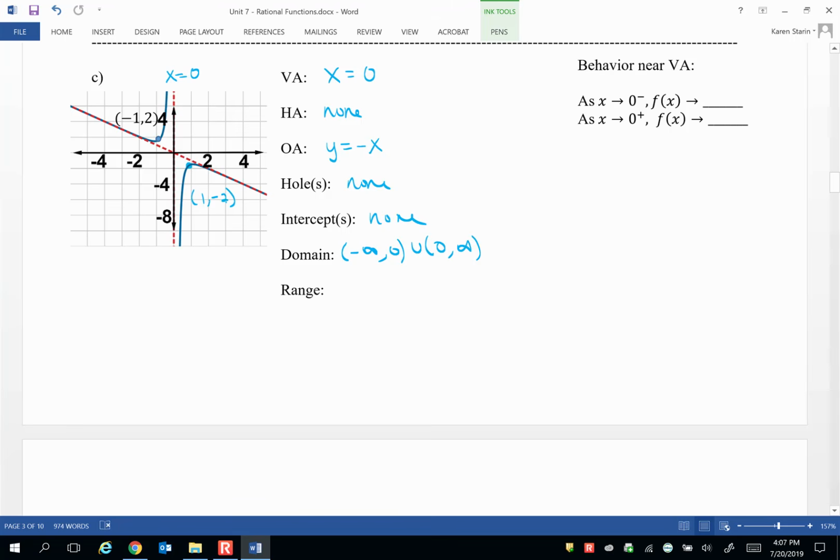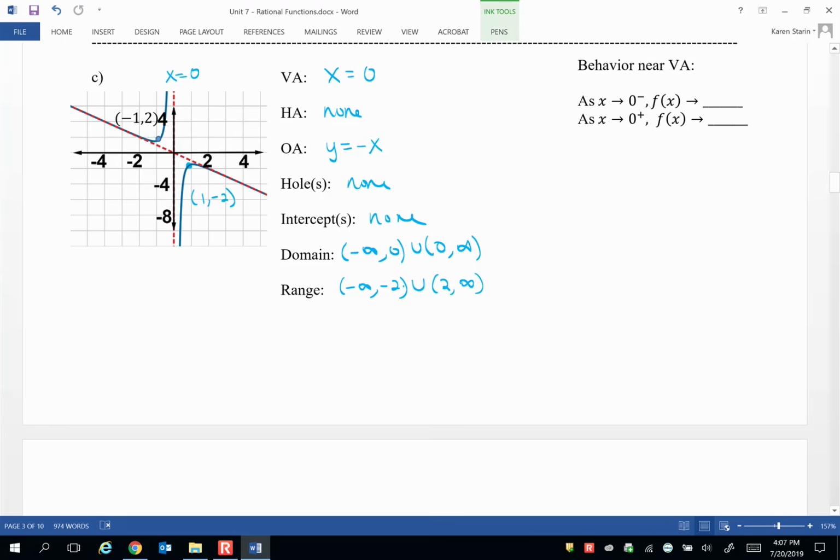And so as we read from the bottom to the top, we have to jump over the values between -2 and +2. So from -infinity to -2, union 2 to infinity.